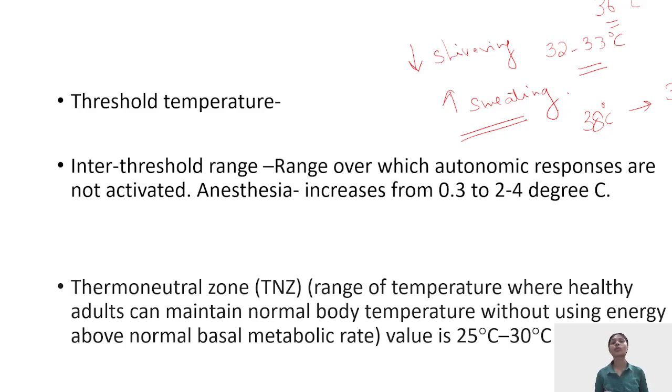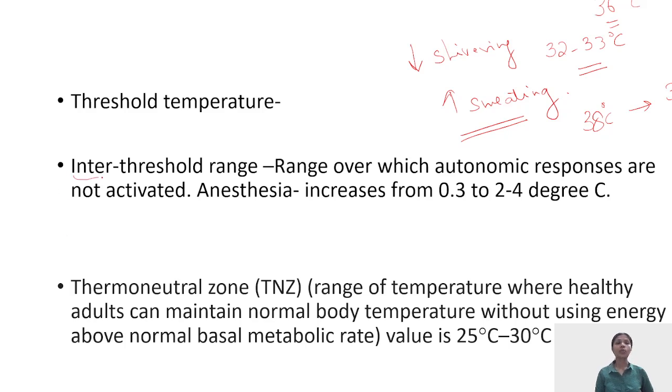This is how they blunt our autonomic responses to temperature change. They decrease the shivering threshold and increase the sweating threshold. This is done by almost every anesthetic agent, whether it is general anesthesia or regional anesthesia.